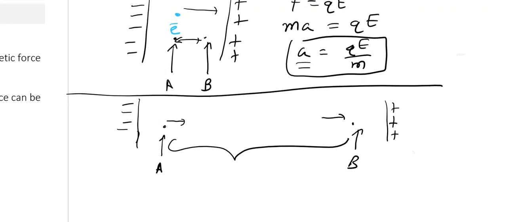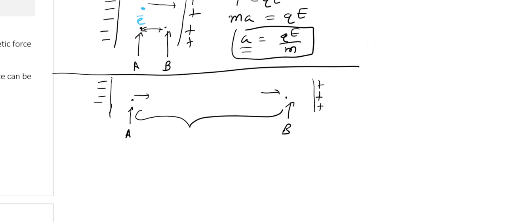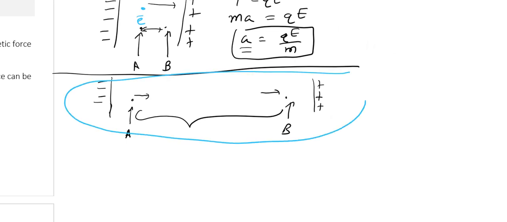But what we need is still very high velocity, and so this logic is not practically applicable. It is not feasible because you can't have a uniform or strong electric field produced in a very large area. And the solution is cyclotron.